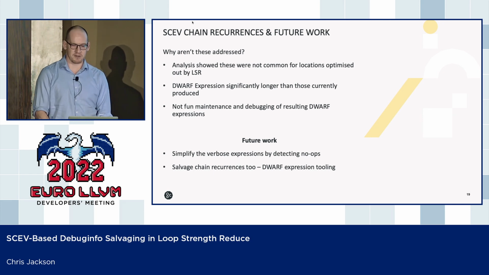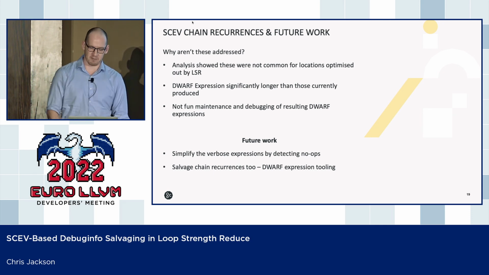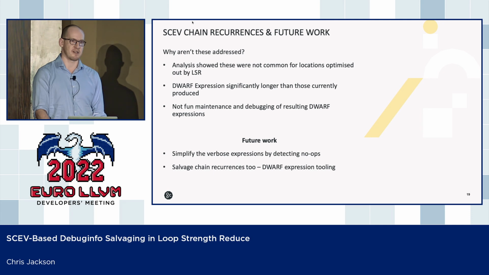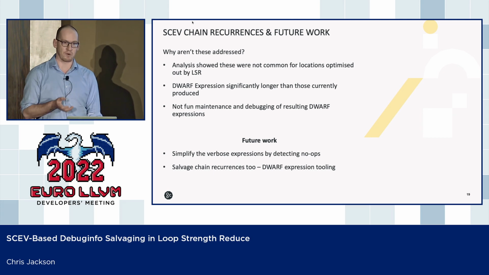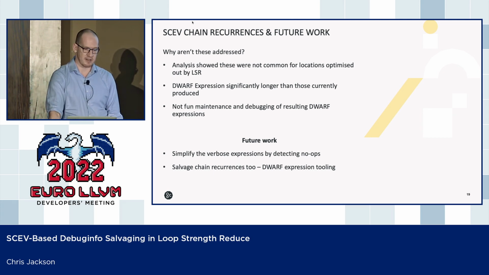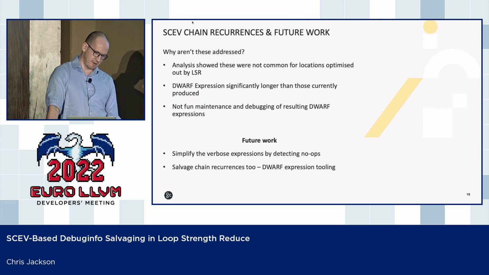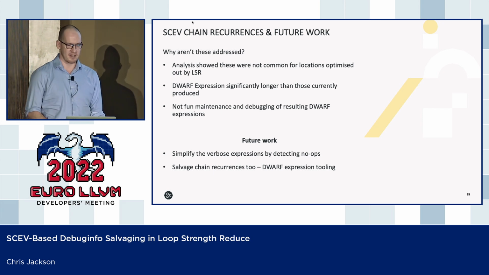And so moving on to future work, obviously it would be really cool to implement a binomial coefficient library in DWARF, but as I said, that would be hard to maintain. So there are some ideas for simple DWARF expression tooling that would enable that. And also, if you ever get bored and have time to examine some of the expressions that are output by SCEV salvage, some of them are quite verbose and contain what are effectively no-ops.